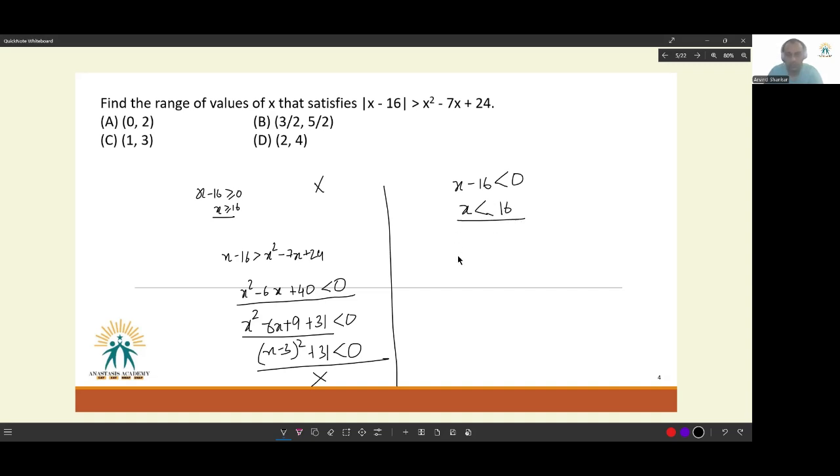If x is less than 16, then we have 16 minus x is greater than x square minus 7x plus 24. Then we bring it down to x square minus 6x.